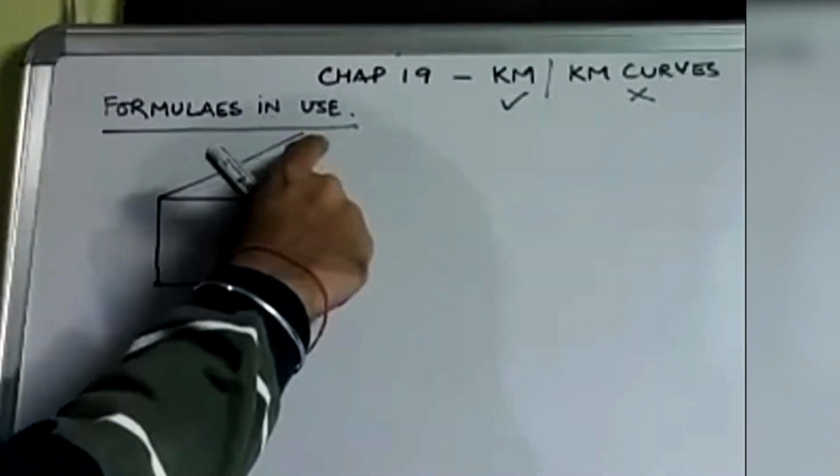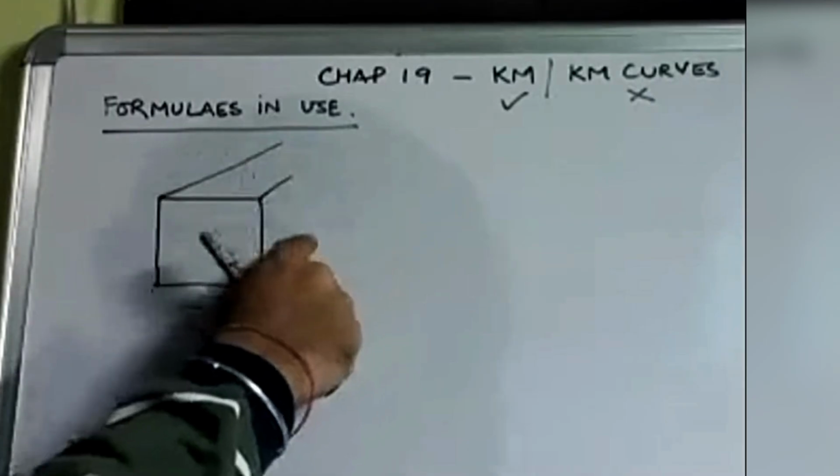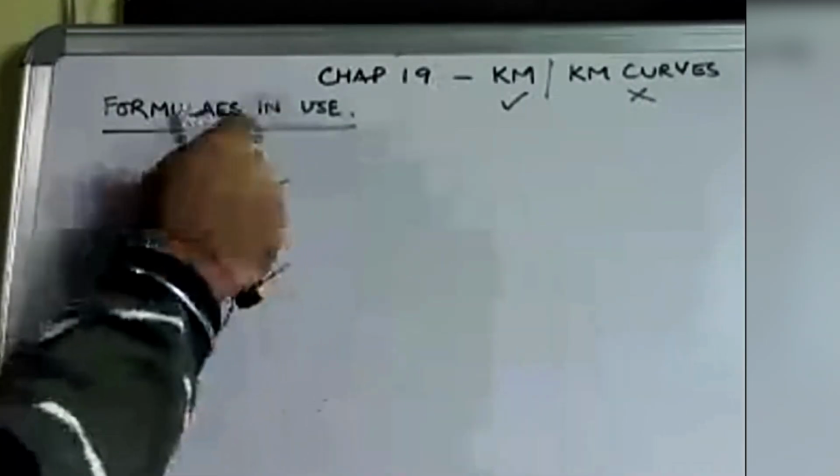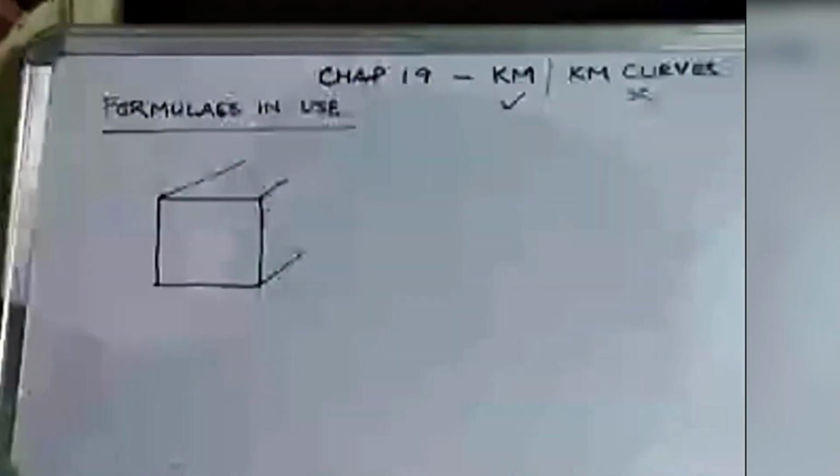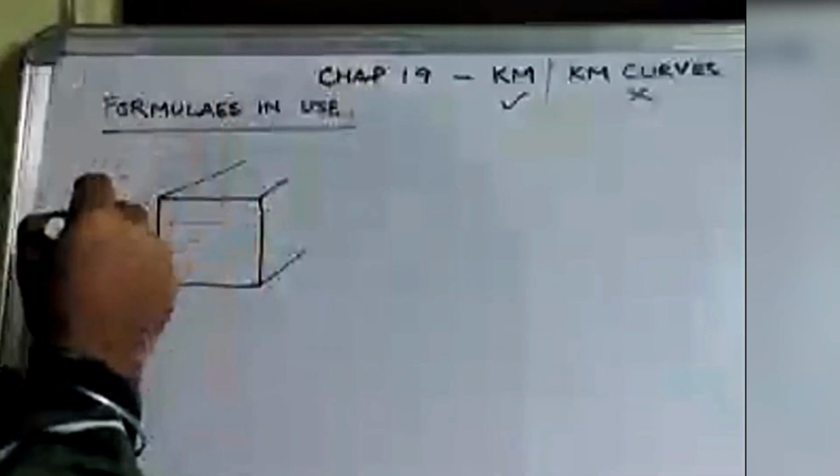So we're talking about a log which is floating in water, and so this is the water line.